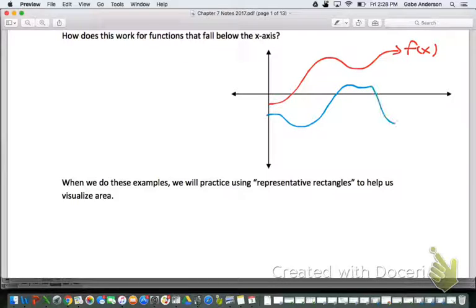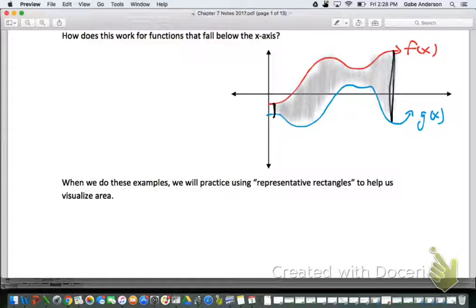Maybe there are some parts above, but whatever. There's g of x. Let's say that the region that we care about is from maybe here out to here. How does this work out if we have parts that are above and or below? We'd be looking at this area here. That would be our goal if we were trying to find the area between those two curves.